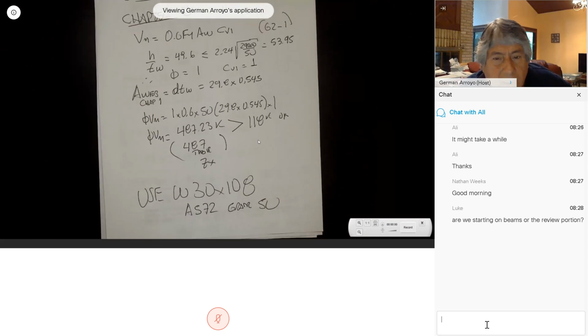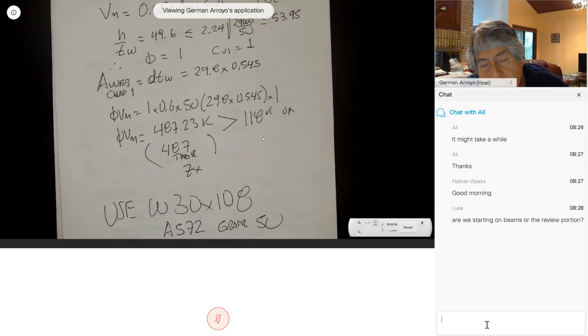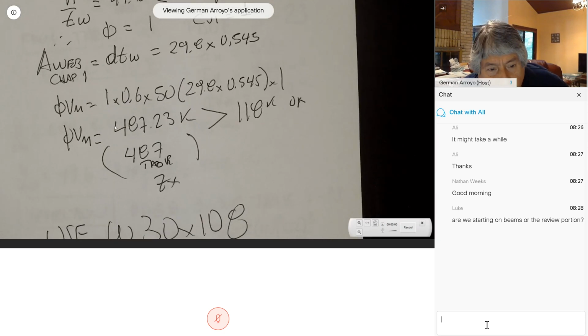And the rule is that whenever you have a short span, heavily loaded, shear will control. But most of the time, you're going to be governed by bending and deflection. This is a typical case where we had a design strength of 487 and required 118.